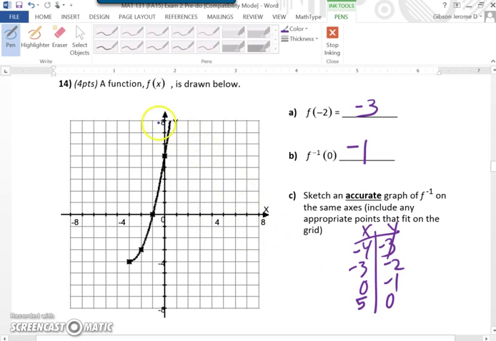So we will plot all of these points. So we had negative 4, negative 3. Then we will have negative 3, negative 2. And then we will have 0, negative 1. And then we will have 5, 0.